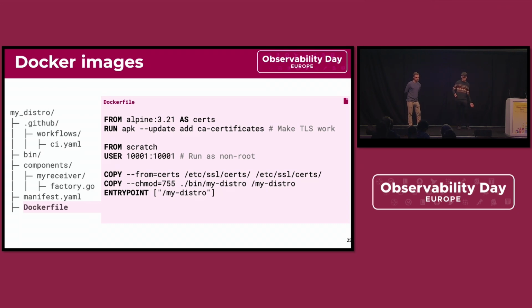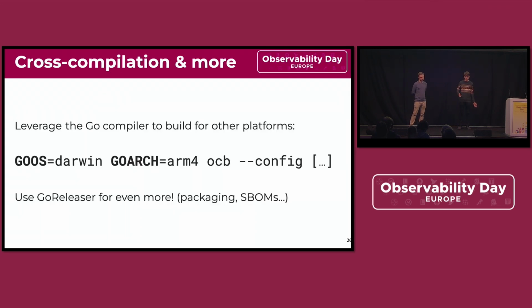All right. So now, how do you build without using the GitHub action? You would just call your binary, so your OCB, with the config flag, as Evan mentioned before, and you can use this command for more advanced things like building for other platforms.